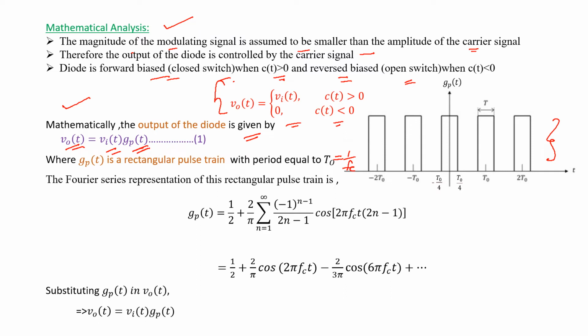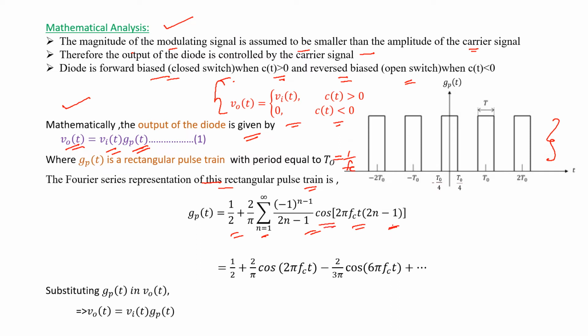So how can the Fourier series representation of this rectangular pulse train be written? gp(t) = 1/2 + 2/pi summation n = 1 to infinity of (-1)^(n-1)/(2n-1) cos 2 pi fc t (2n-1).